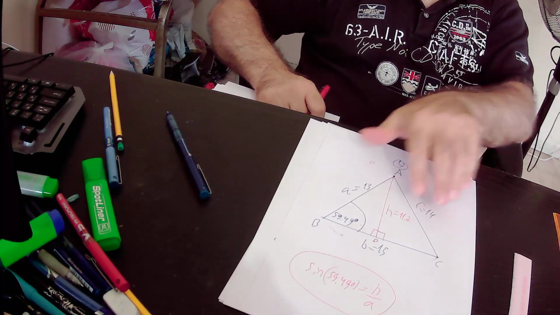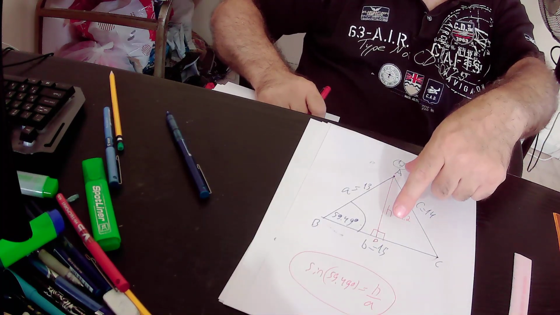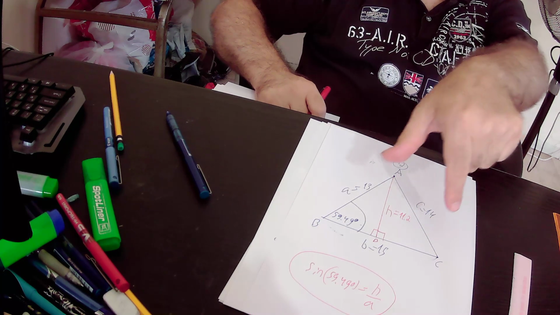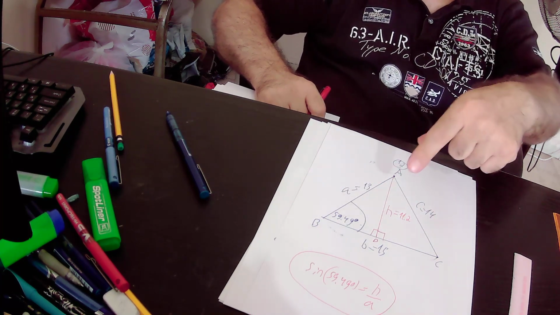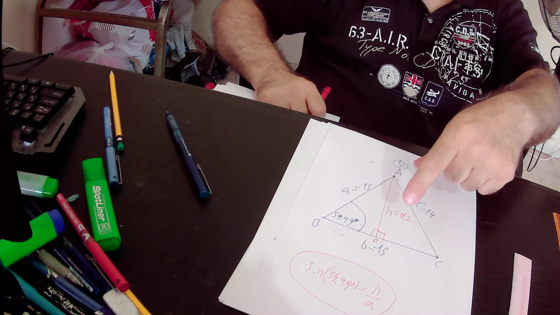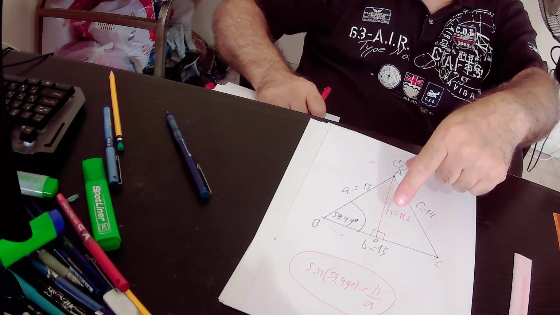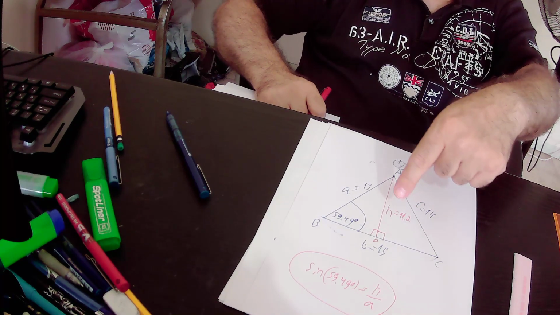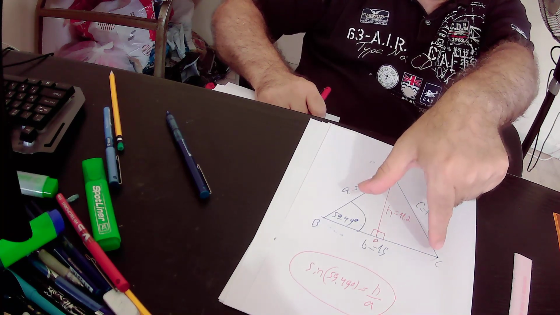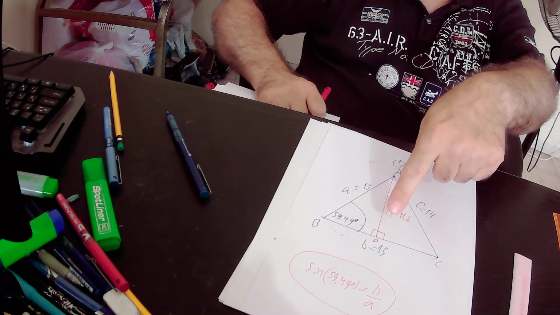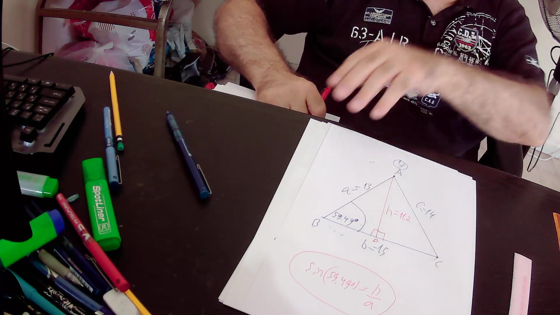As you can see from the drawing, the height AD is perpendicular to the base b. Therefore, AD is indeed the height of triangle ABC because it is perpendicular to the base b. This angle is 90 degrees and this angle is 90 degrees.